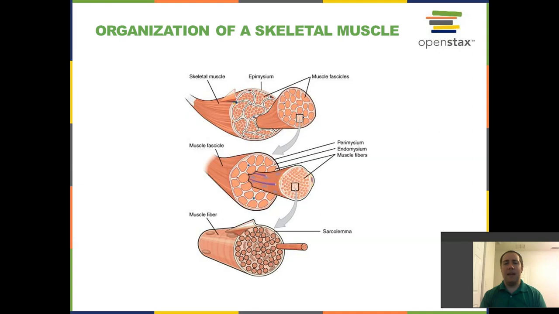Why do you think in this muscle cell, the nuclei might be pushed to the outside? Any ideas? So, like I said, in most cells, it would be in the middle. Why can't the nuclei be in the middle here?